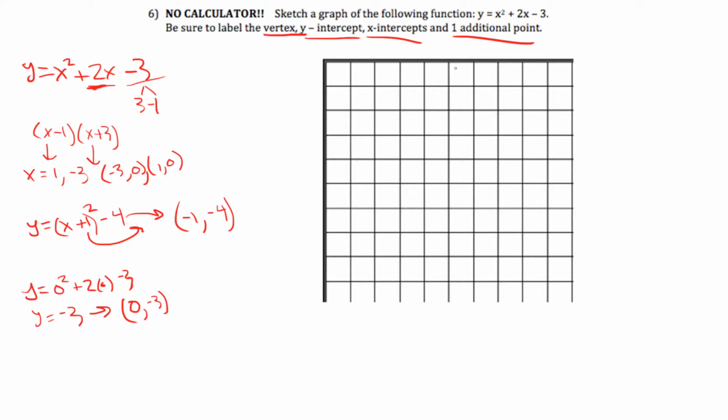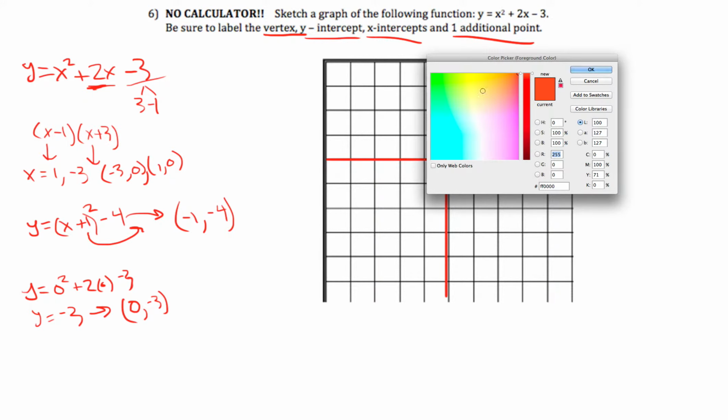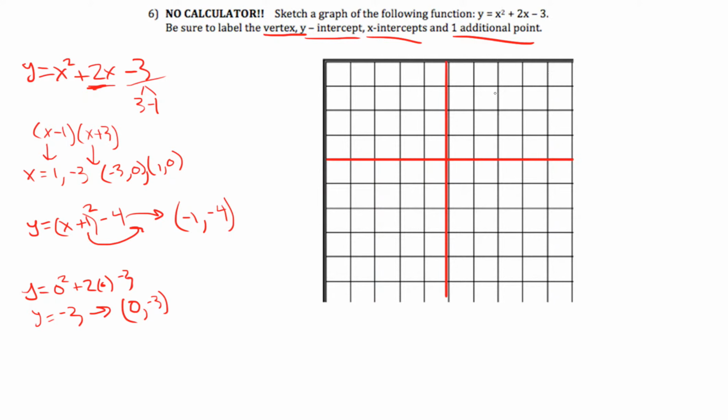So if I want to draw my axes in, I'm just going to split it right down the middle, go straight down, and then I will go straight over as well. I'm going to start marking my points, and I'm going to change my pen color just so we can see it easily.